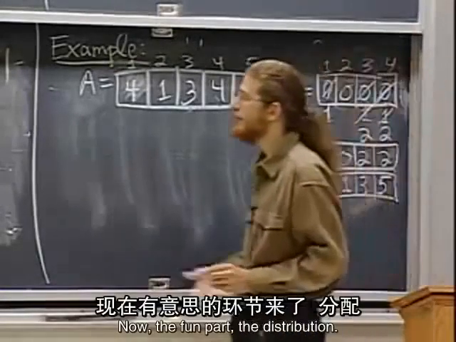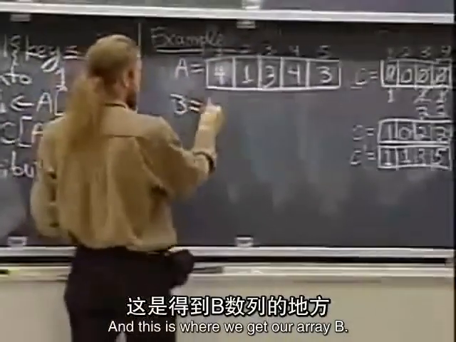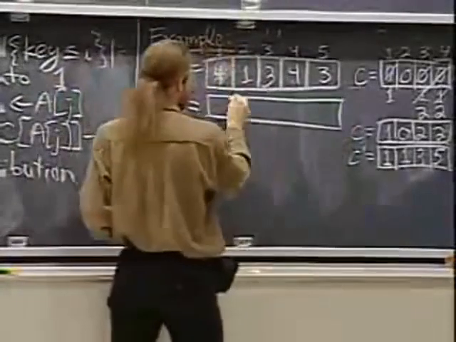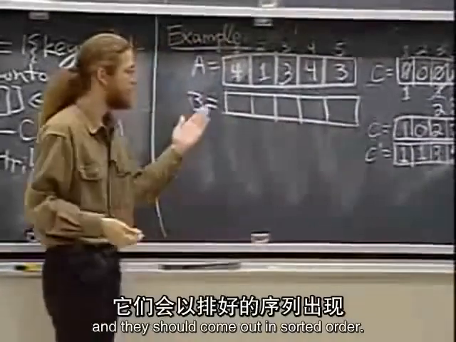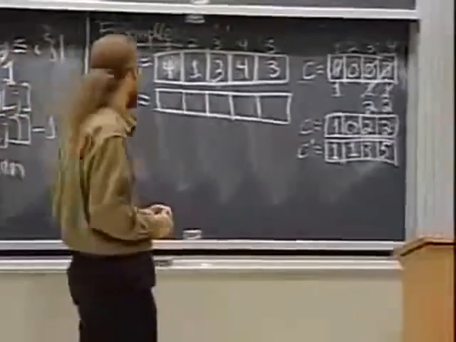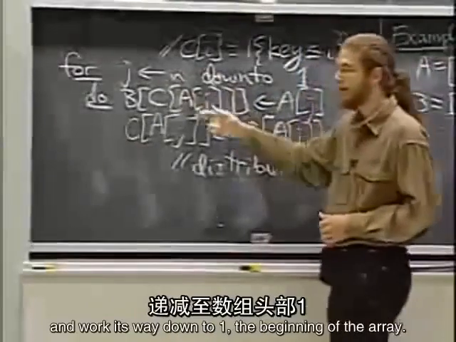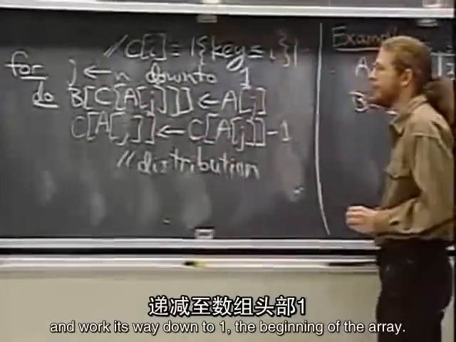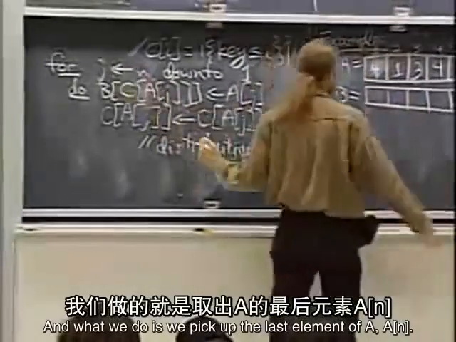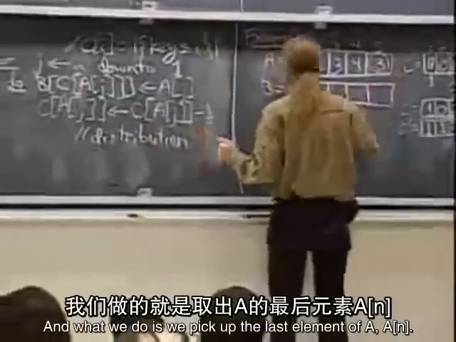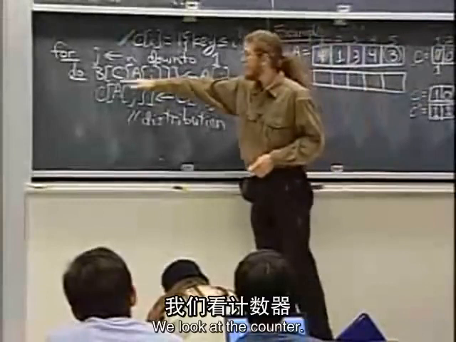Okay, now the fun part, the distribution. And this is where we get our array B. So B better have the same size. Every element better appear here somewhere, and they should come out in sorted order. So let's just run the algorithm. J is going to start at the end of the array and work its way down to 1, the beginning of the array. So we pick up the last element of A[n].